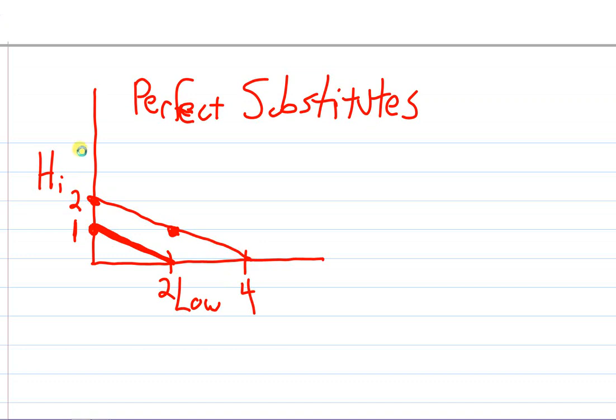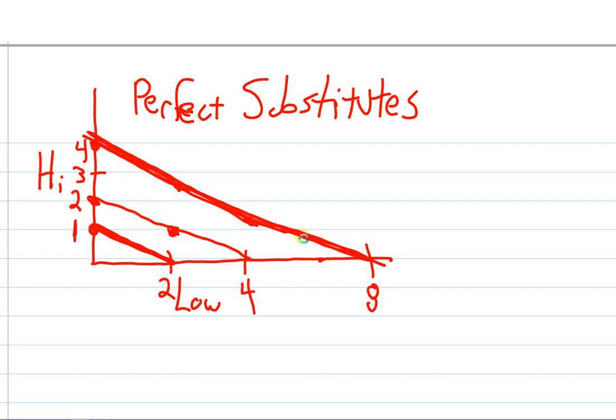So if we had four high skilled workers, we could replace them with 8 low skilled workers, or 3 high and 2 low, or 2 high and 4 low, or any linear straight combination in between. I'm trying to draw a straight line there, even though it doesn't quite look like it.